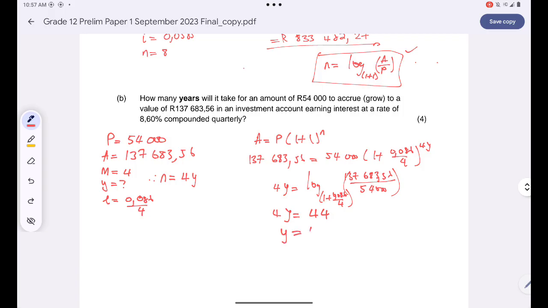So y is just 44 divided by 4, which is 11.